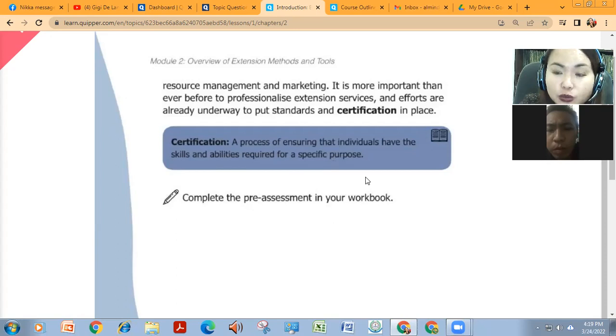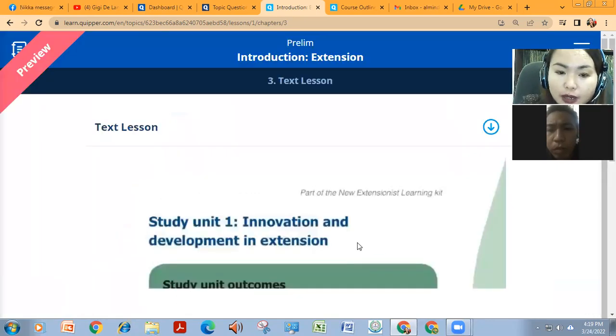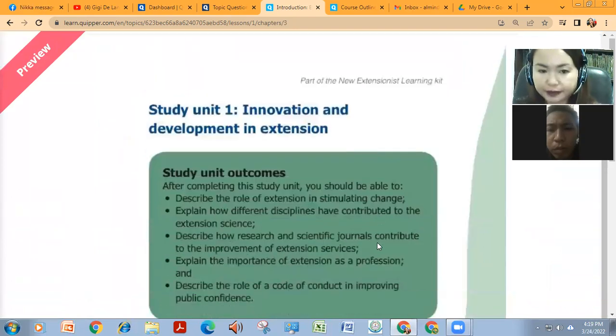So when you do trainings and seminars, an important part of conducting extension service is a certificate to show that you have attended and participated in the training or seminar. So that is just the overall.